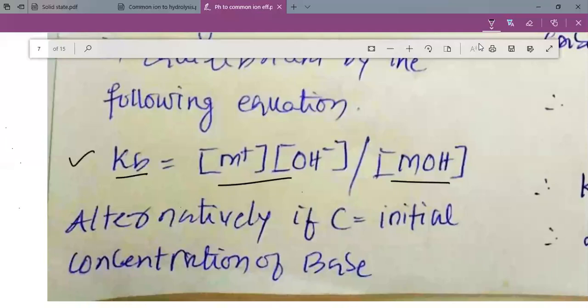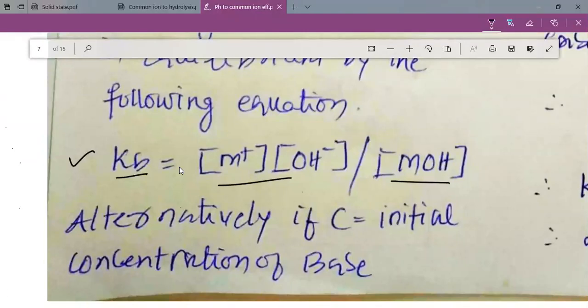This constant, which we write as Kb, we call the dissociation constant or ionization constant for our base, and that is why we put the sign b after K, and thus we call it Kb. So this Kb is nothing but the ionization constant for a base, or dissociation constant for a base. This is how we write it and understand it.